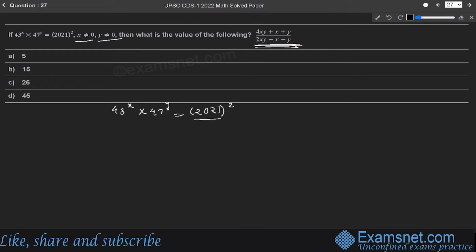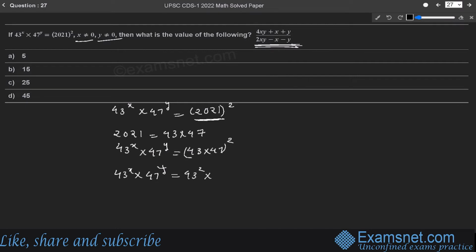You can see that the right hand side is 2021 whole square. On the factorization of 2021, we can get 43 into 47. So we can write the equation as 43 to the power x into 47 to the power y is equal to 43 into 47 whole square, or it can also be written as 43 power x into 47 power y is equal to 43 square into 47 square.